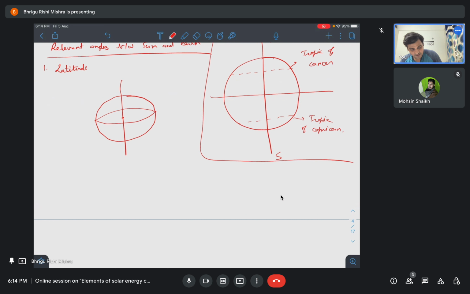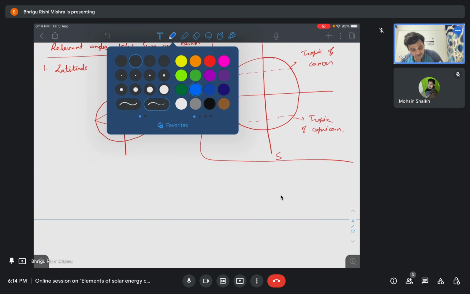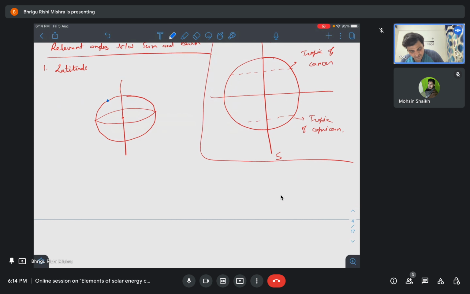So if the observer is at this point, observer means any device like solar photovoltaic, solar thermal device, or anything.